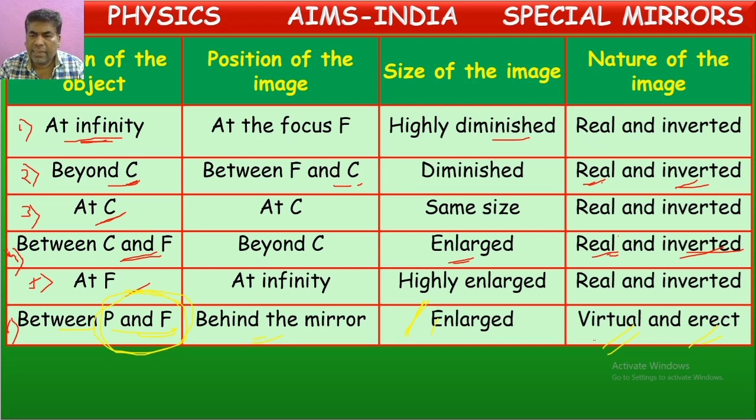In the last case, it is virtual and erect. So it is not inverted, it will be erect in the last case. Okay, like this, we have 6 cases. In 6 cases, different types of images are formed. But nature of images in 5 cases is the same, real and inverted. In the last case only, it is different.